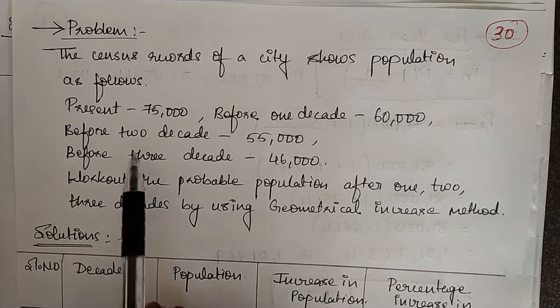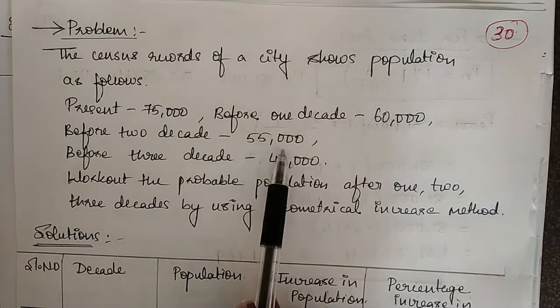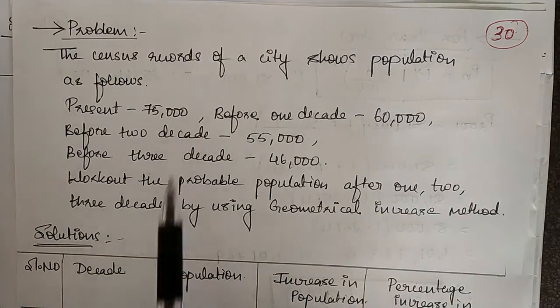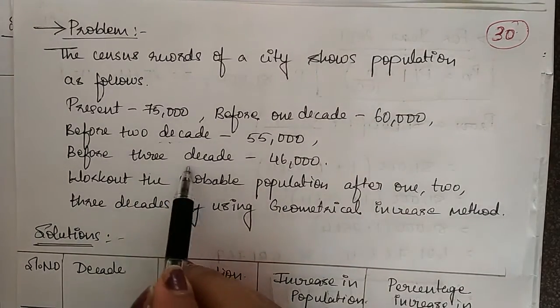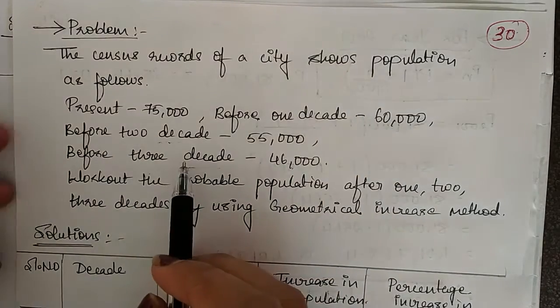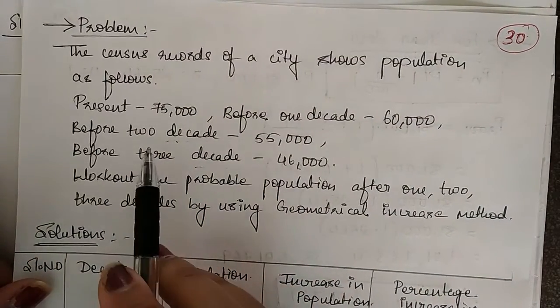But here the population is given to us, but the year is not given. They have given it in terms of decades. So in terms of these decades, they have given me the population. Now I need to frame the question first here, then I can go with the further solving, isn't it? So let us understand the problem and frame the question first.